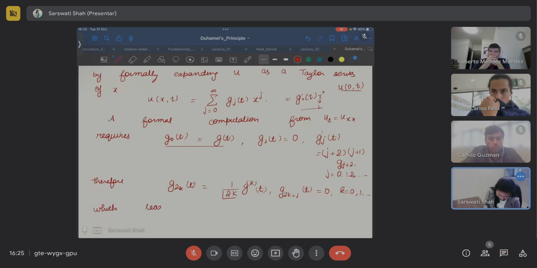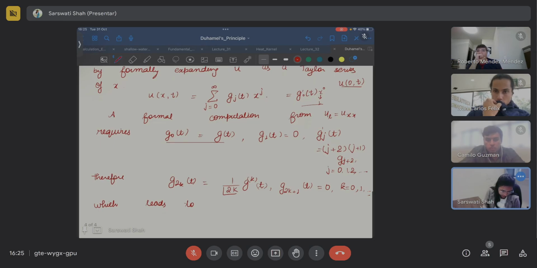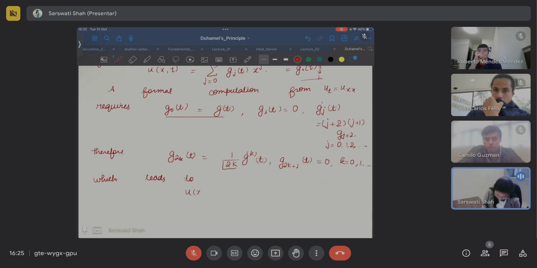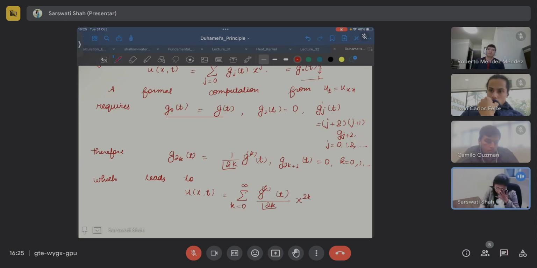Which leads to u(x, t) equals the summation k varying from 0 to infinity of g^(k)(t) over factorial 2k, x to the power 2k.